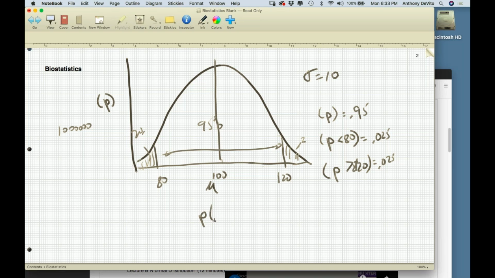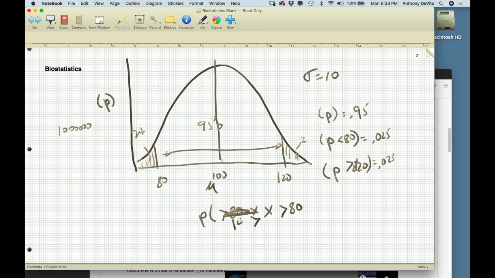What's the probability of selecting someone that's greater than 80, x is greater than 80, and x is less than, let me see here, what could I choose here?